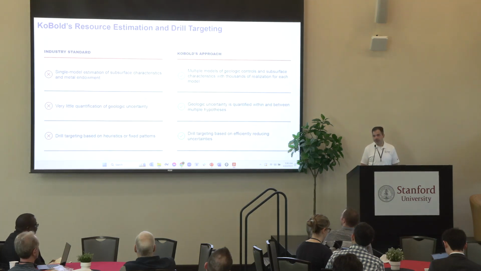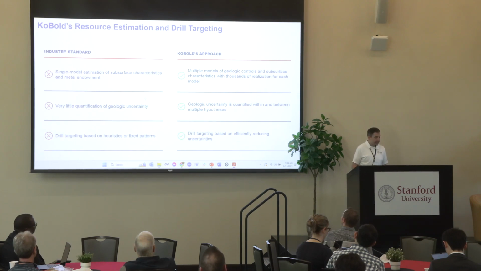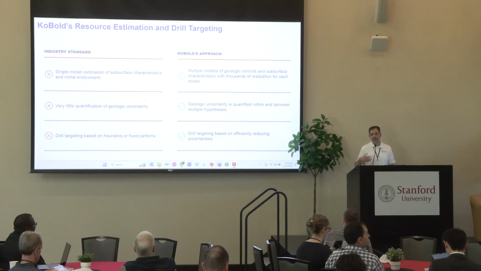It's atypical to quantify uncertainty very rigorously, and when we decide where to drill next, it's usually based on heuristics, a couple of people looking at maps, deciding what they would like to do next.